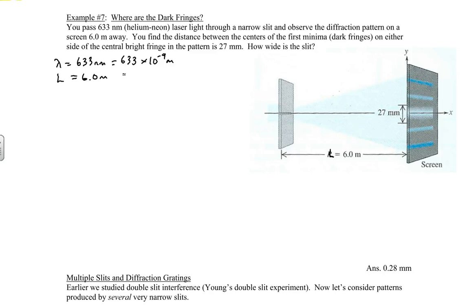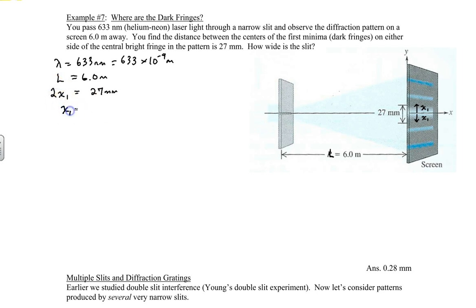And then we're asked to find the distance between the centers of the first minima, right here to here, which is 27 millimeters. So 27 millimeters is representing the distance y1 or x sub 1. But that is actually 2x, because remember this is x sub 1 going up or down, so really twice that is 27 millimeters.